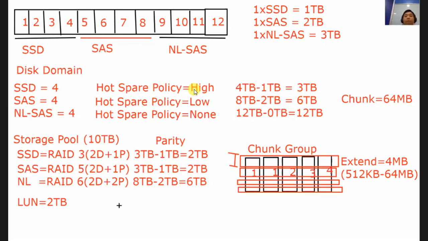So how do they form the LUN? Just now you cut it into extents already, am I right? So let's say every extent is 4 megabyte.